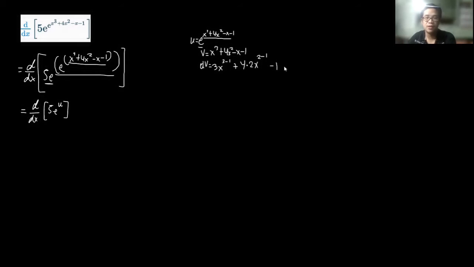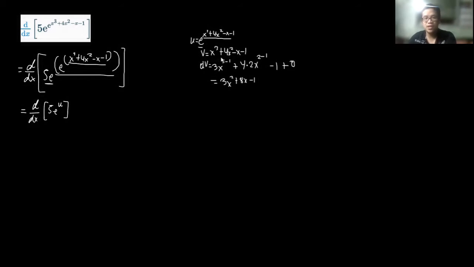You have negative 1, plus your negative 1 here, the constant term, the derivative of that one is 0. Therefore, you have 3x squared plus 8x minus 1. That is my dv.